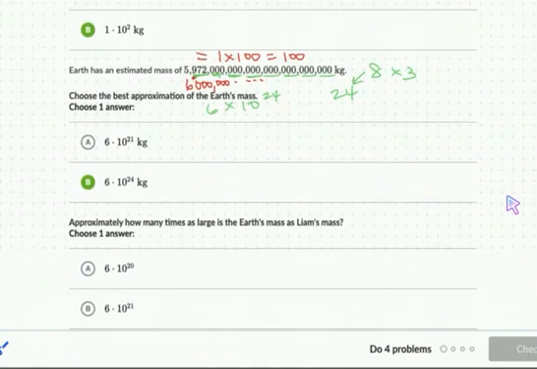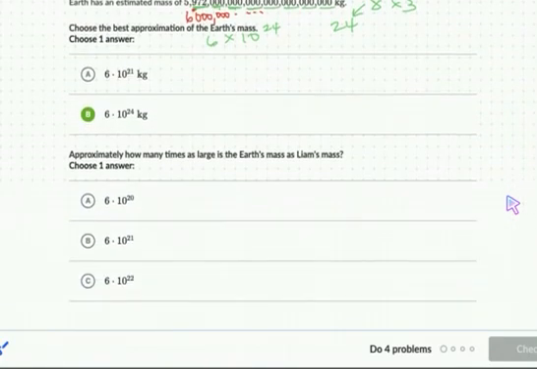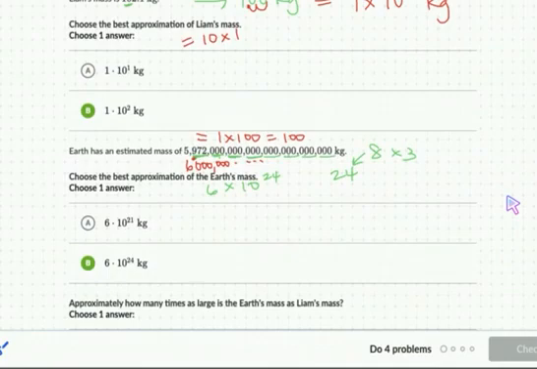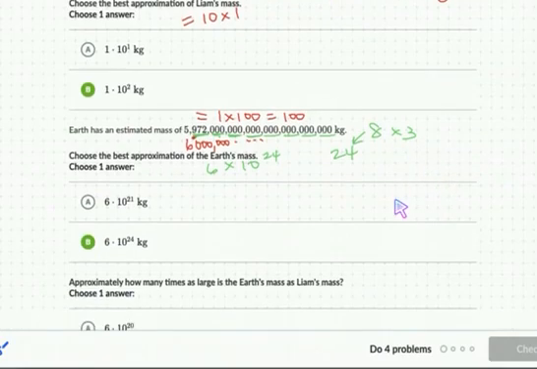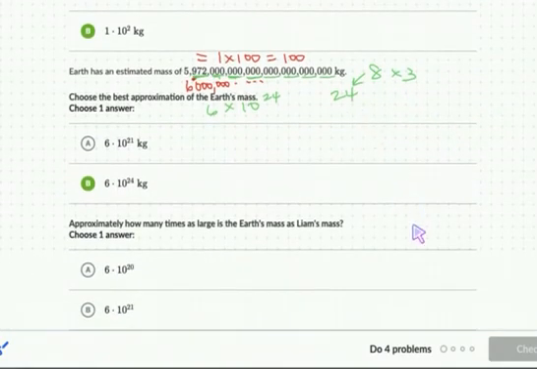Okay, so for this problem here, it says approximately how many times as large is the Earth's mass as Liam's mass? So Liam's mass was, let's see, 100. So that's 1 times 10 to the second power. And the Earth's mass was 6 times 10 to the 24th power.